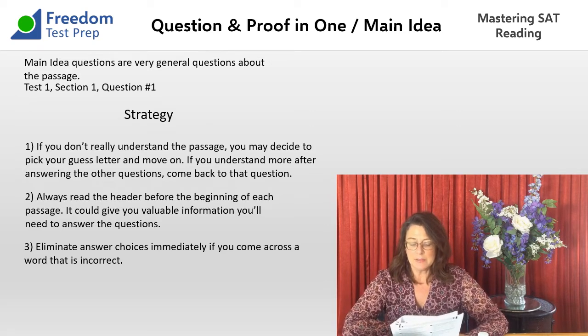B, a detailed depiction of a meaningful encounter. Well, I think it's kind of detailed, and I don't know, maybe it's meaningful. I think it's good enough to leave. I'm not positive of it, but let's just leave it. C says a definitive response to a series of questions. I don't really think there's a series of questions.